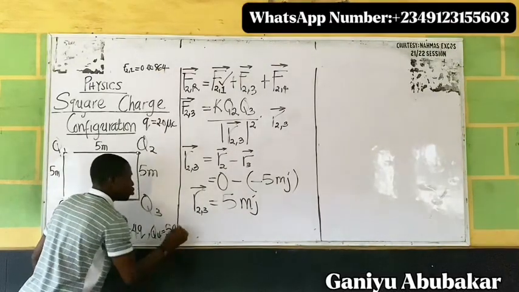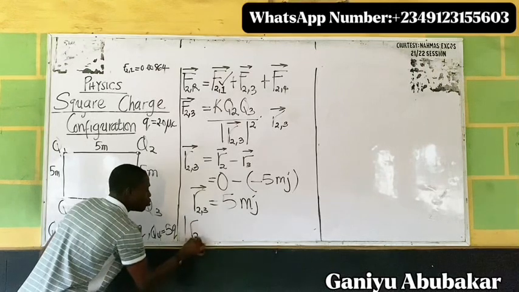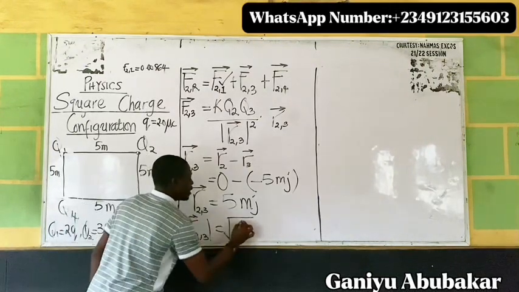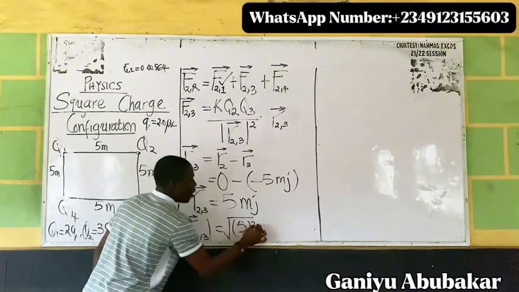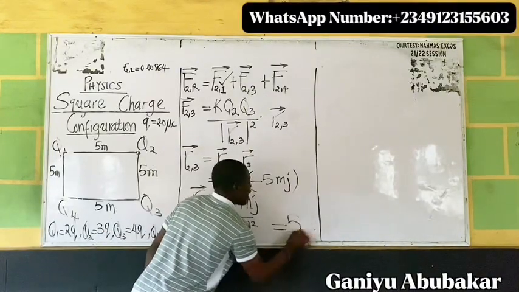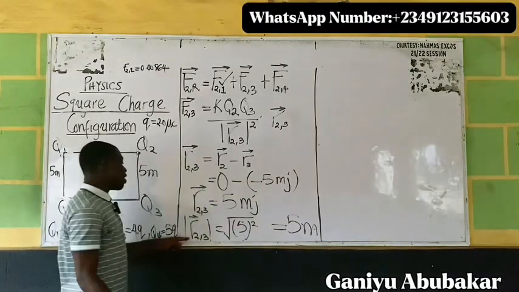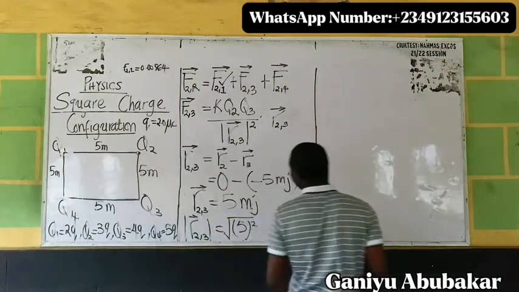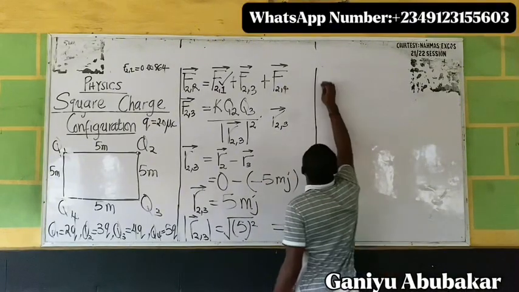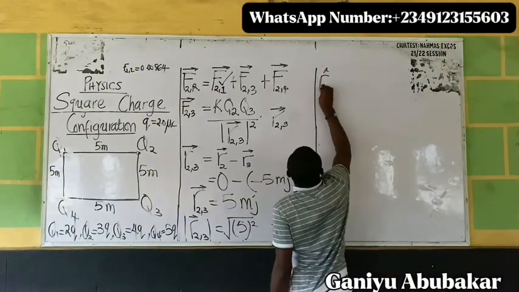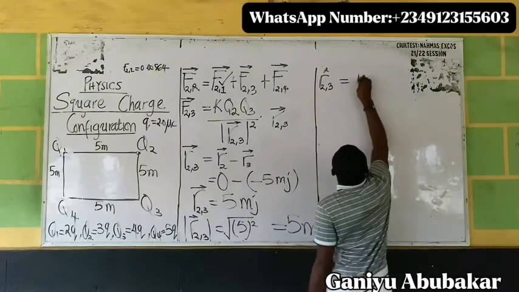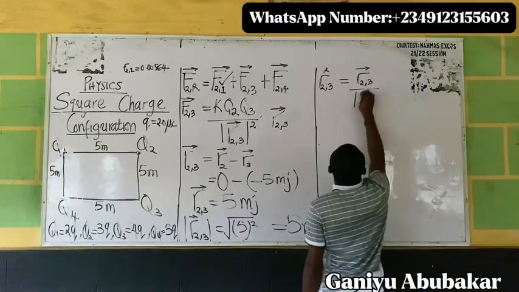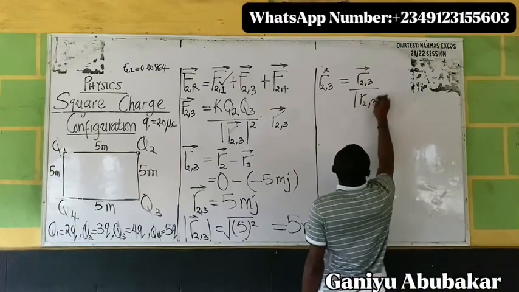Let's get the magnitude. The magnitude of R23 is equal to the square root of that term all squared. This will give me 5 meters. So the value of R23 is 5 meters. Let's get the unit vector of R23. The unit vector of R23 is equal to the position vector of R23 all over the magnitude of R23.